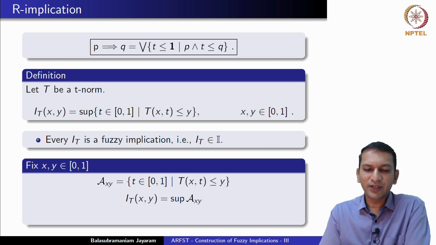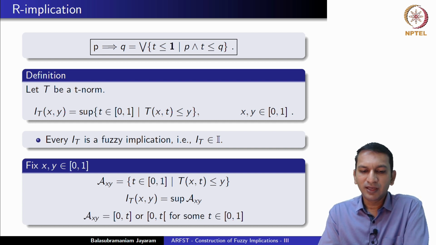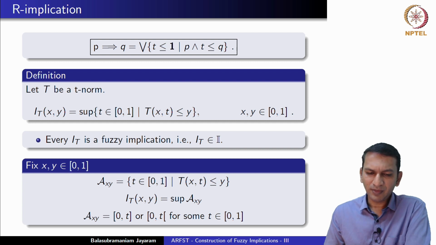Clearly, I_T of x,y is equal to the supremum of this set. Using the properties, especially the monotonicity of a T-norm, we have seen that the set A_xy for a fixed x,y can either be the closed interval [0,t] or the half-open interval [0,t) for some t belonging to [0,1].